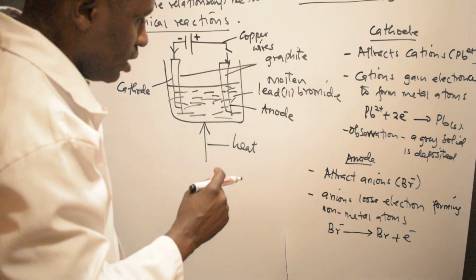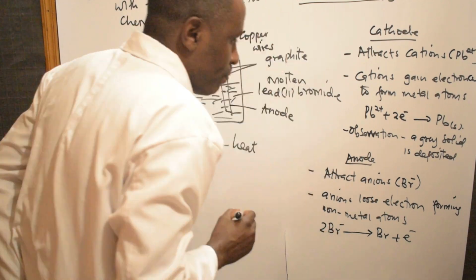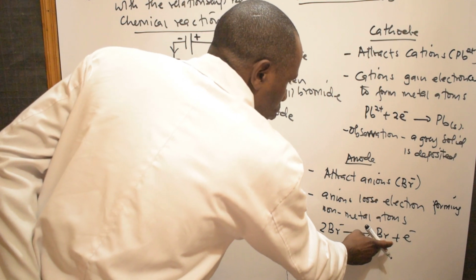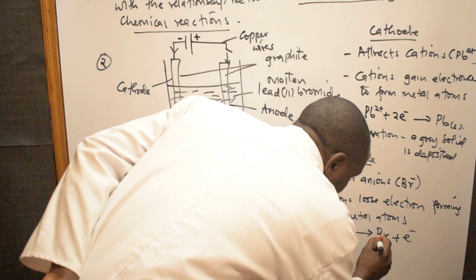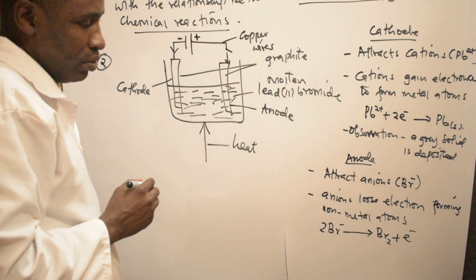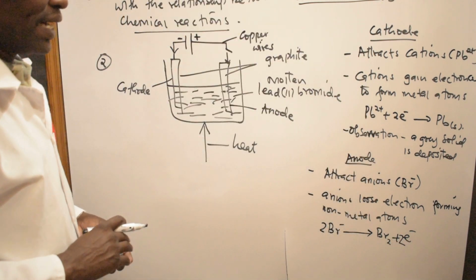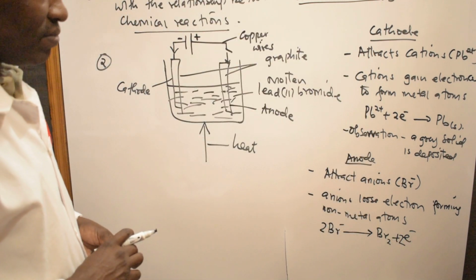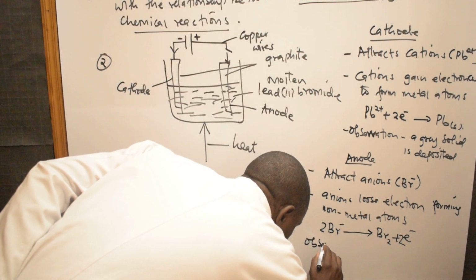Now that means here, if I'm going to have 2 bromide ions, they are going to form 2 bromine atoms. Now the 2 bromine atoms here will combine and form a bromine molecule, and the 2 electrons will be released. And having said that, of course, what does that mean? What will be the observation?